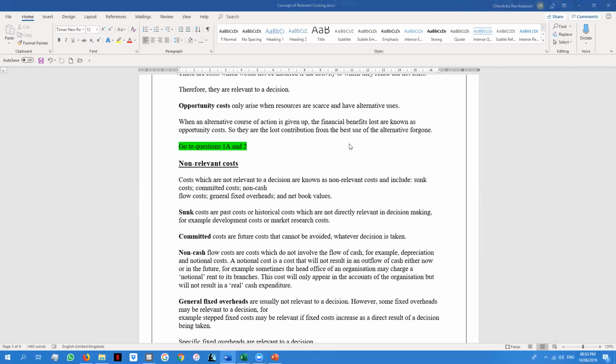So a notional cost is not a real cash flow as such. It's simply applied for different reasons. One, it may be applied, as in the example I used here, to let the user departments know that there is actually a cost to head office or to the company of this service being provided.